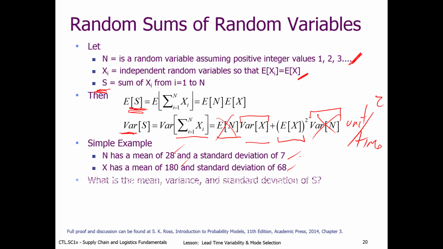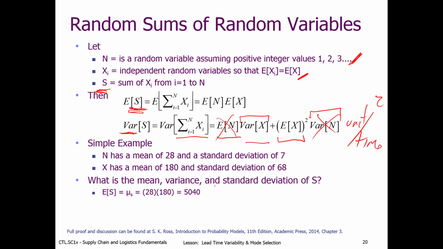So I want to figure out what's my mean, variance, and standard deviation of the sum of those x's over those n periods. So my expected sum, or mu sub s, is going to be 28 times 180, the mean times the mean. So that's telling me I should expect to have an expected value of s of 5,040. So again, that's pretty intuitive, and most people get that right away.